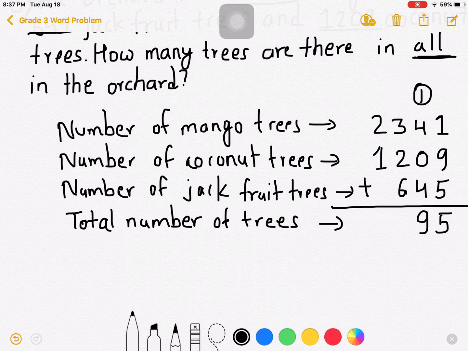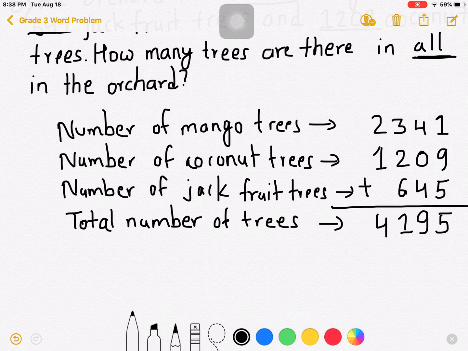Now 3 plus 2 is 5, 5 plus 6 is 11. 1 and 1 carry over in thousand place. 1, 2 and 1, that is 4, isn't it? Now let us rub this. Okay, now we have added here.